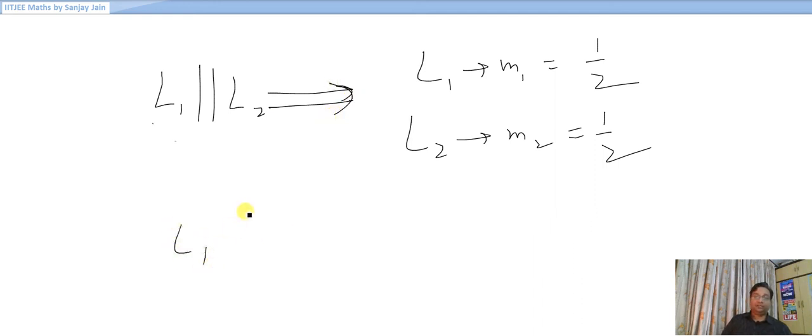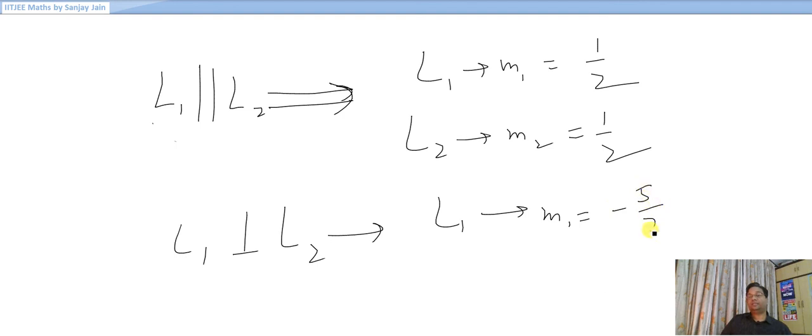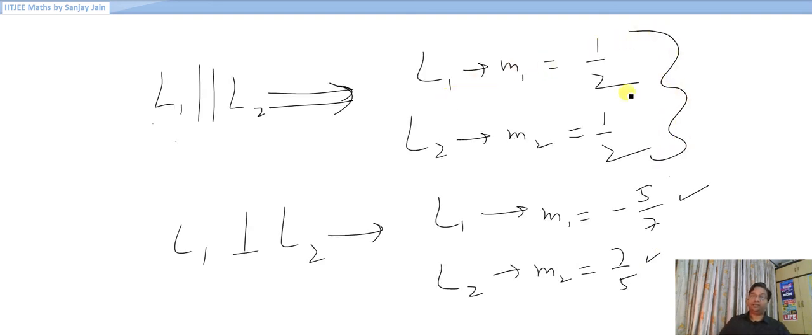If L1 is perpendicular to L2 and L1 has got slope, let us say, minus 5 by 7, okay, so what will be the slope of L2? It will be equal to 7 by 5, because when I take the product of these two, it should give me negative 1, right? And for lines being parallel, the slopes should be equal to each other. All right, so this was about the condition of parallelism and perpendicularity.